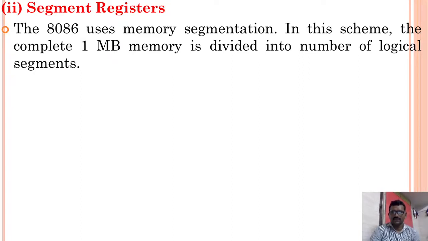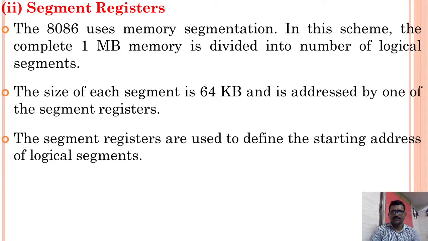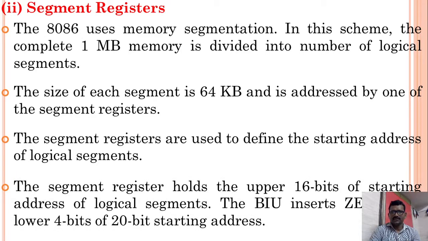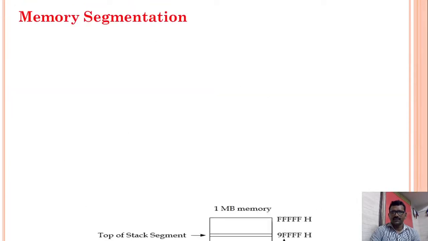In 8086, memory segmentation is used: 1 MB is divided into logical segments, and each segment size is 64 KB. The segment registers are used to define the starting address of logical segments. Let us see in this diagram.